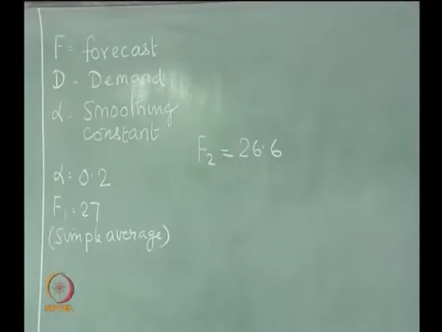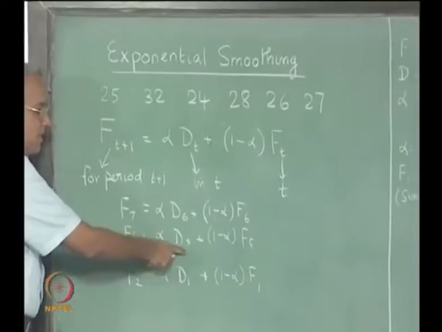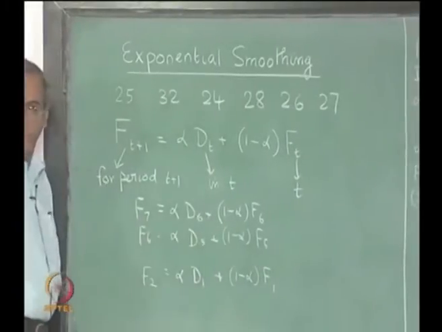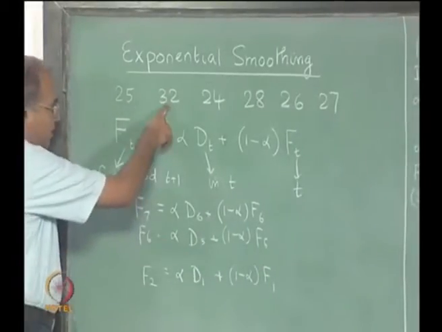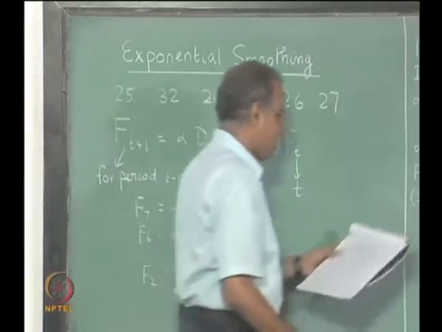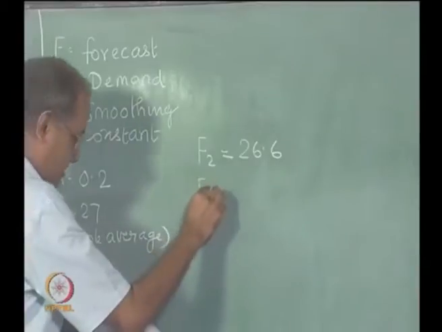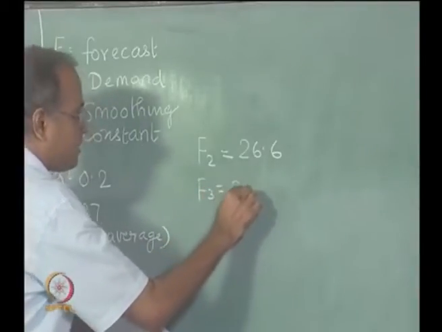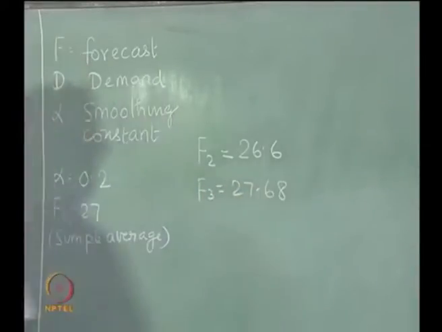Now F3 is alpha D2 plus 1 minus alpha F2, which is 0.2 into 32 plus 0.8 into 26.6, and this on calculation will give us F3 equal to 27.68.